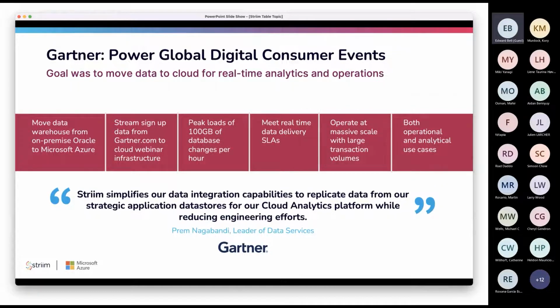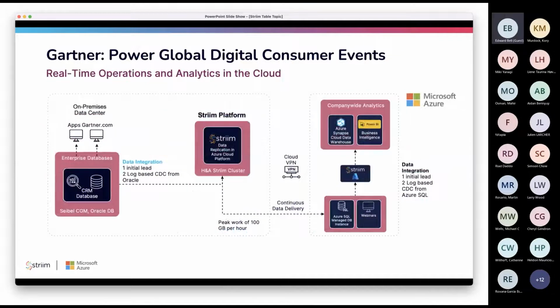So getting into their actual architecture, here you can see on the left-hand side, they have their on-prem data center running on Siebel and Oracle, as well as their website. So Striim is reading from those systems, again, via log-based CDC, continuously replicating to their operational data store in SQL DB MI.